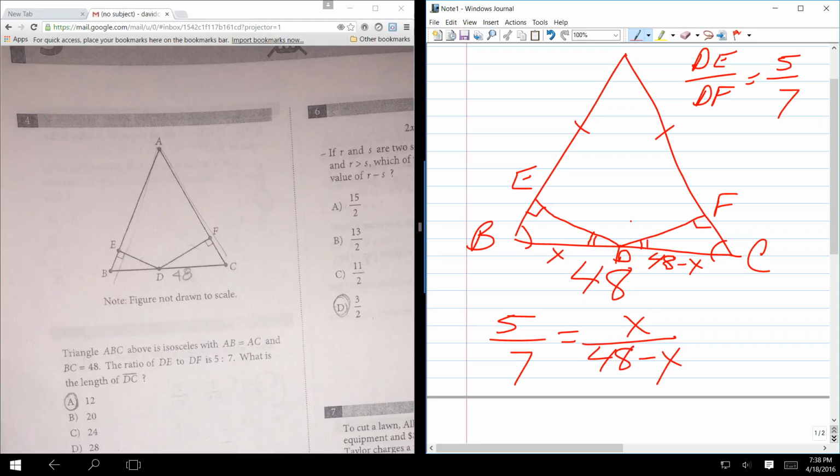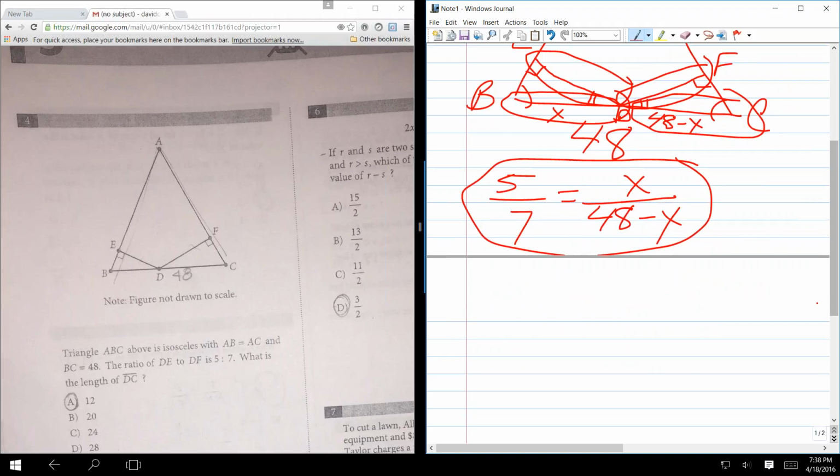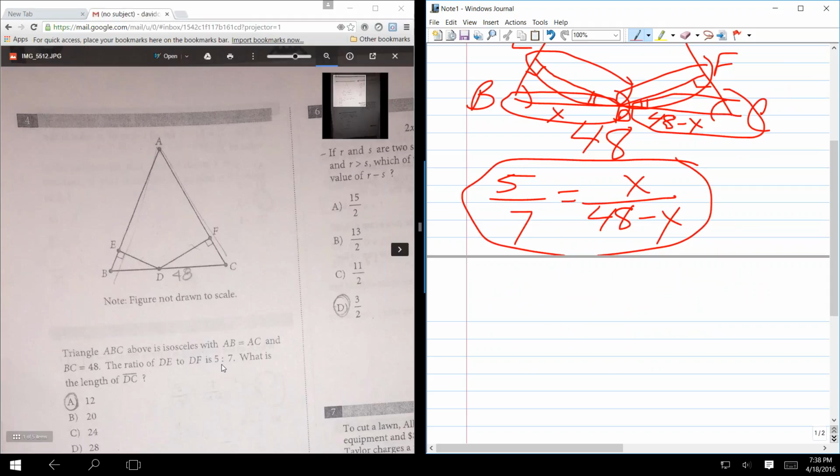In other words, this side here is to this side as this side here is to this side because of the similar triangles. Well, we know that DE to DF is 5 to 7, so the same ratio has to exist there. Now, that's an equation with only one variable. We can solve for x. Once I solve for x, then I've answered the question pretty much.